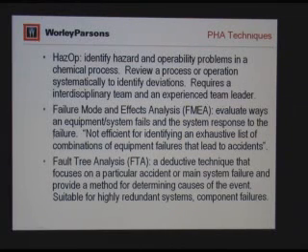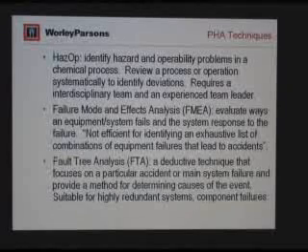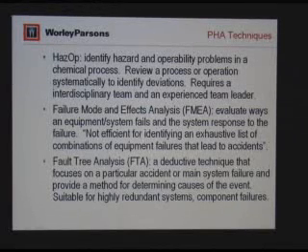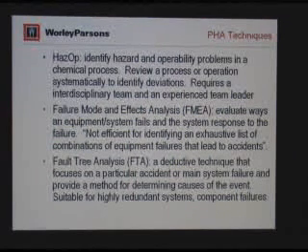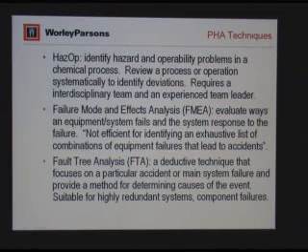And the FMEA, which is the failure mode and effects analysis, is used to evaluate ways the equipment or system fails and how the system responds to the failure. And it's not very efficient in terms of identifying a big list of failures and also a process with a lot of equipment.